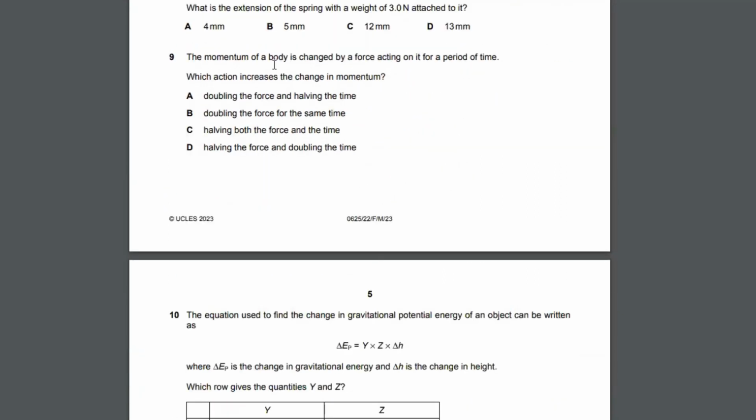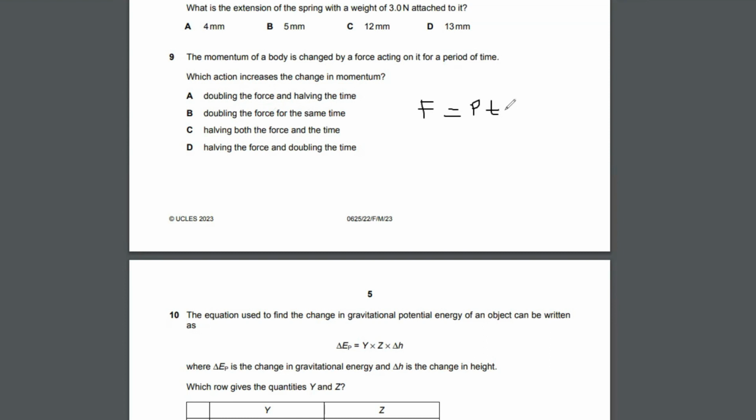Now, the momentum of a body is changed by a force acting on it for a period of time. Which action increases the change in momentum? So we know force is equal to momentum over time. So we want to find the relation between force and time.